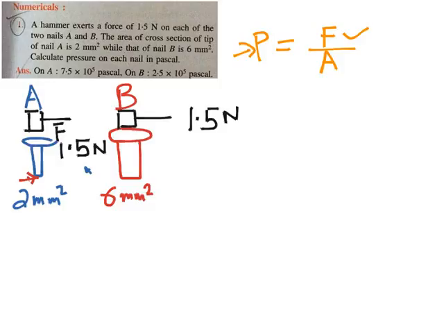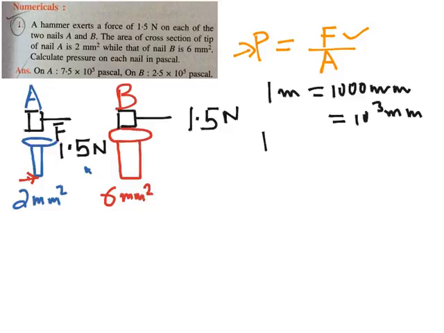Now let's see, the force is given in Newton but the area is given in millimeter square. So we need to convert millimeter square into meter square. We all know, since our childhood we have learned that 1 meter is equal to 1000 millimeter, or 10 to the power 3 millimeter.